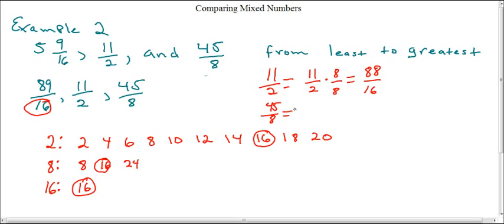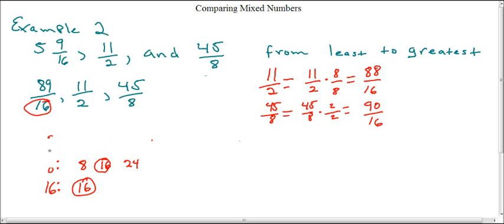That's twice. So we will have 45 over 8 times 2, both numerator and denominator, and that's going to give us 90 over 16. And then this will be 89 over 16 times 1. So we're good.